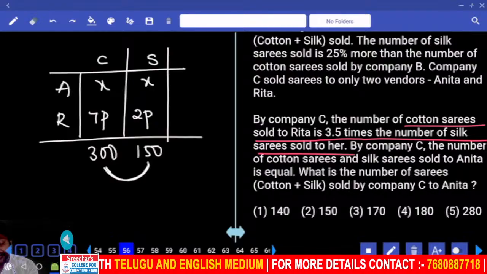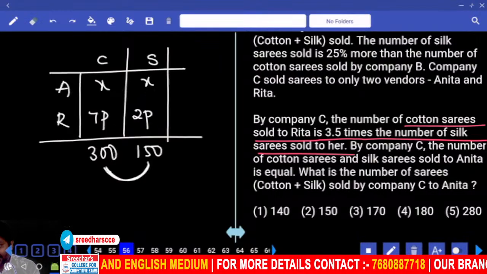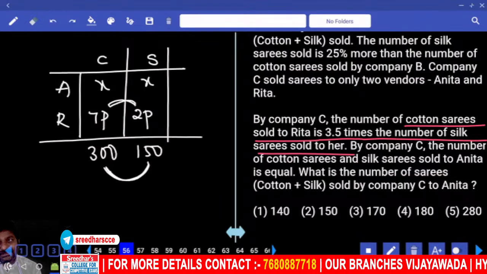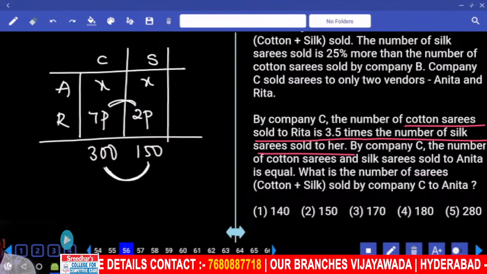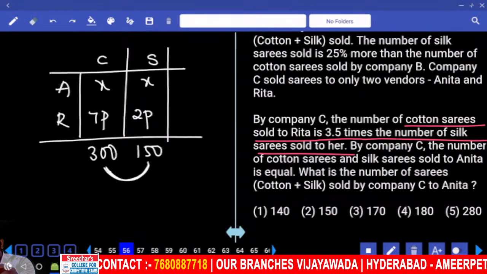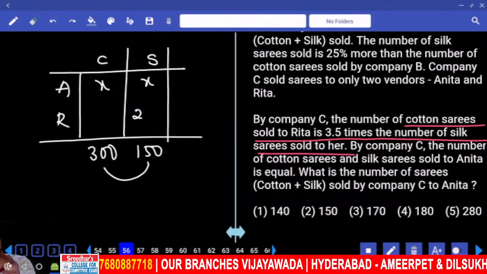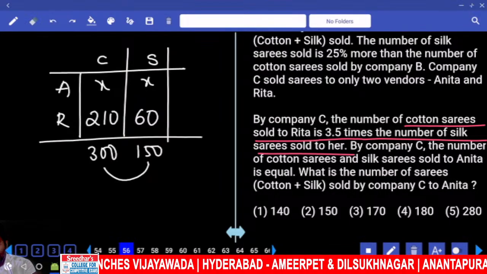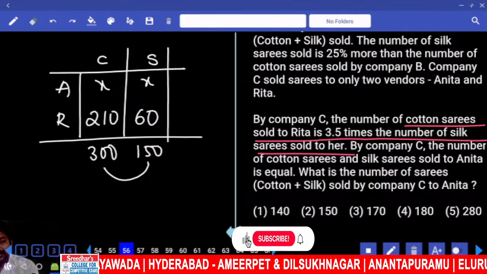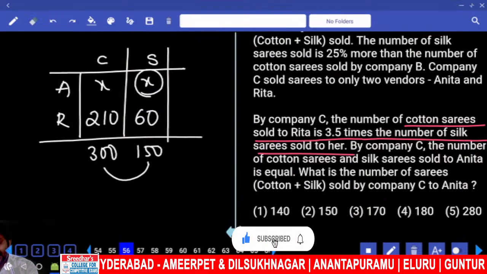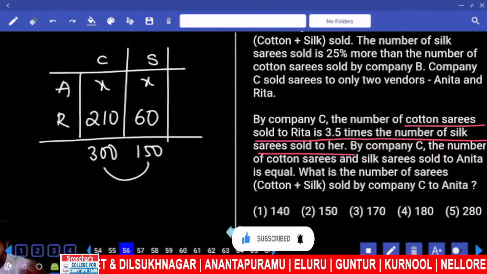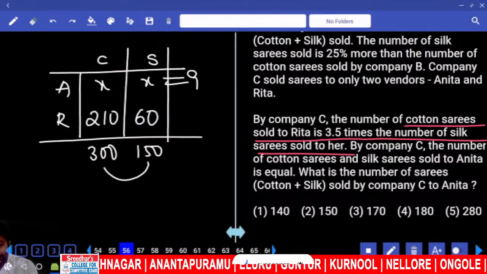Whatever that 150 difference that we have in total sarees, that is for Rita only. 5 parts is 150. 1 part 30. Then 7 parts 210. 2 parts 60. Then X is equal to, here 90 plus 60 is 150, 90 plus 210 is 300, all conditions satisfied. X is equal to 90.